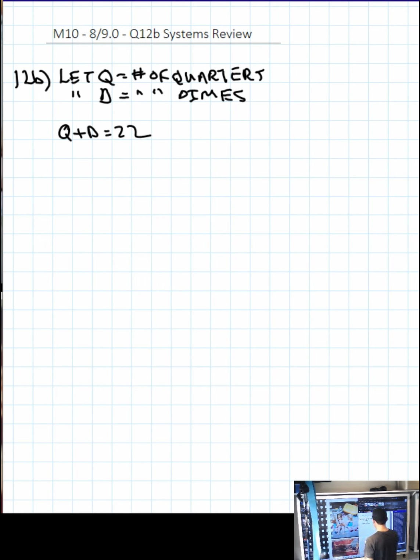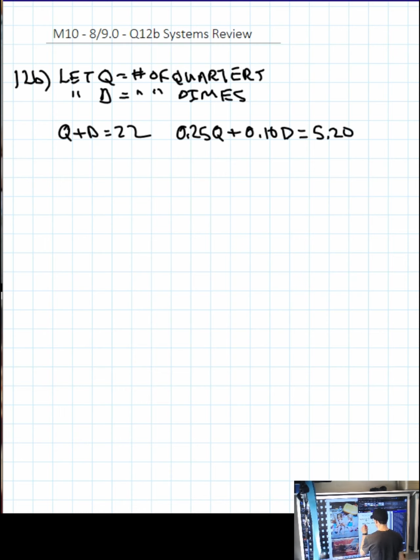So our quarters are worth 0.25, the value of a quarter times the number of quarters, plus the value of a dime times the number of dimes, just 0.1D, equals $5.20. So again, we can isolate for a variable.